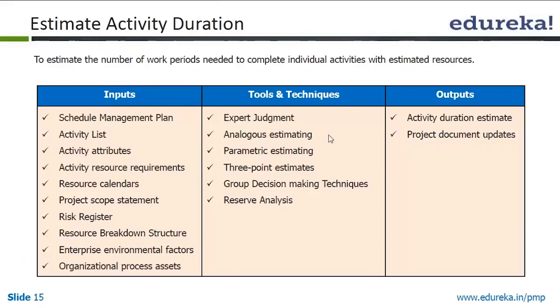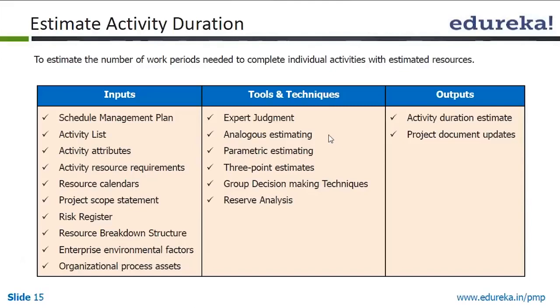We have said analogous estimating is where we look at historical data. We see similar projects conducted, and if that project took 200 man days, this is a similar project, so it will also take roughly 200 man days. That is analogous estimation.